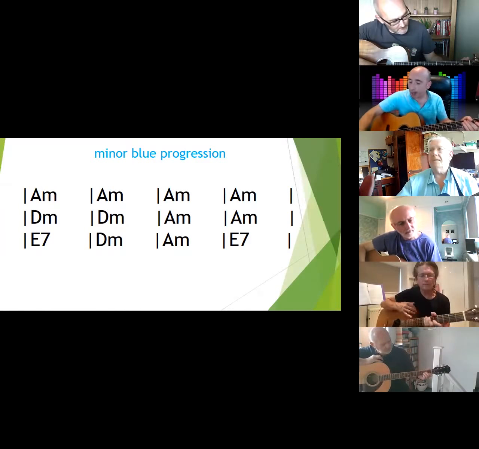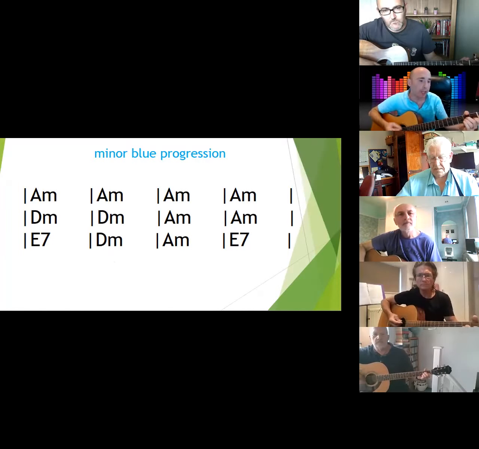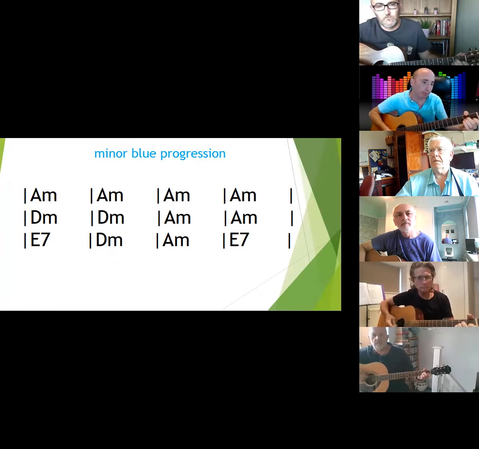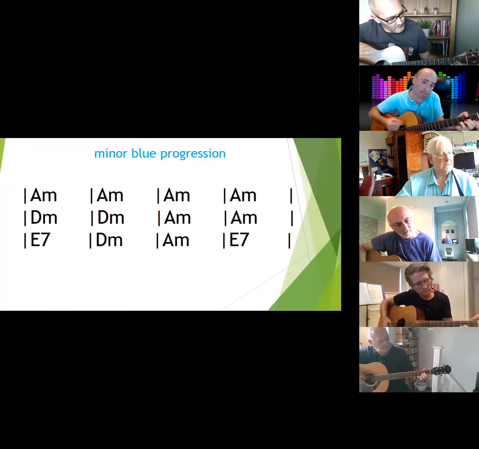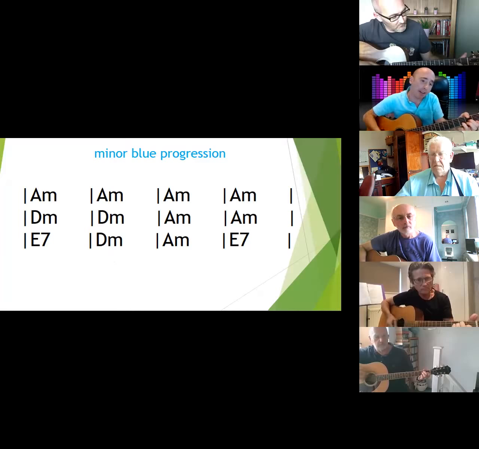Let's just play an A minor. We'll do 4 bars of it. 1, 2, 3, 4, A minor, D minor now. Back to A minor. E7. D minor, A minor to E7.